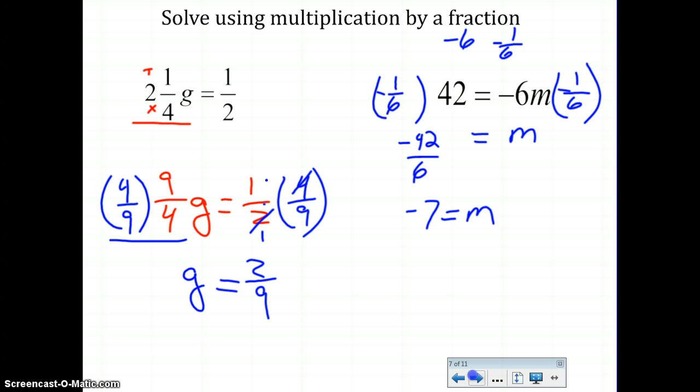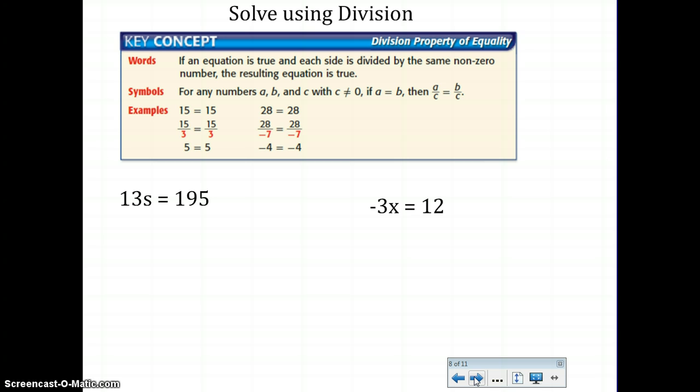The second example on this page here, many of us would have solved that using division, and either way works, and both would give you the same answer. So again, the division property of equality: if I have an equal statement and I divide the left side by the same thing that I divide the right side by, I should end up with a resulting statement that is true.